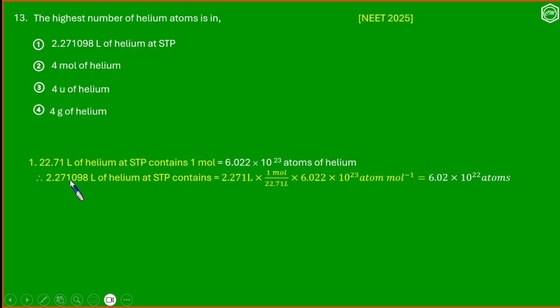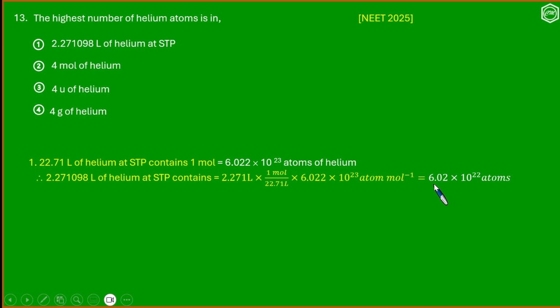Therefore, 2.271098 liter of helium at STP contains, we can take it approximately as 2.271 liter, that is 2.271 liter into 1 mole by 22.71 liter into 6.022 into 10 raised to 23 atoms per mole.